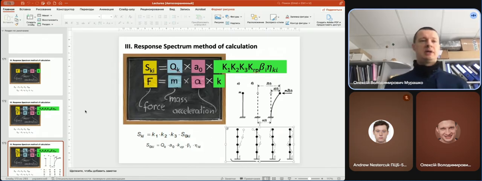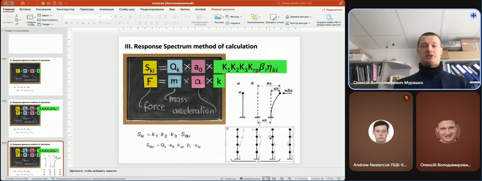For example, for the first form, form number 1, it will be S1, and in this case S11, S12, S13, S14. So 4 seismic forces applied to 4 masses. Same situation here for the second form, but in this case it will be S21, S22, S23, and S24.